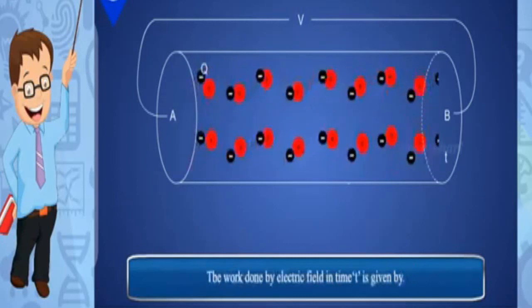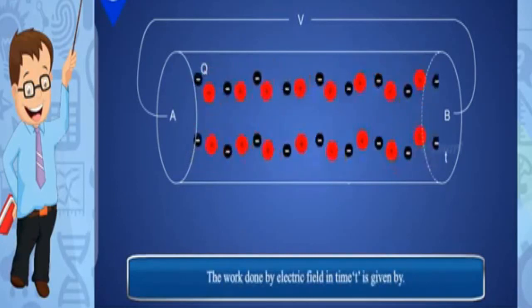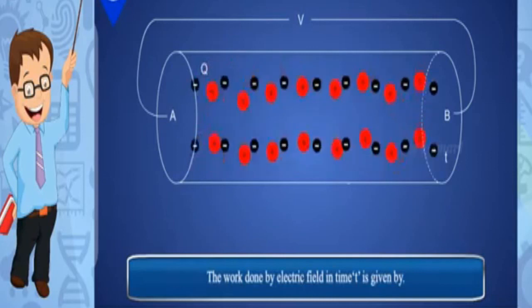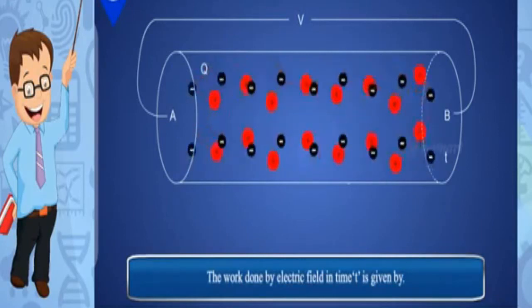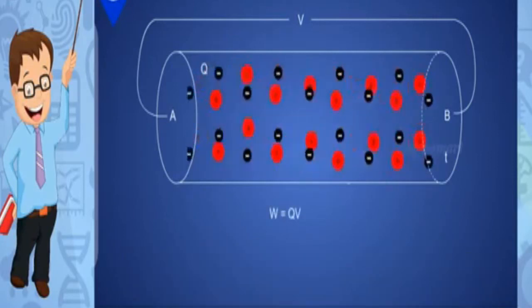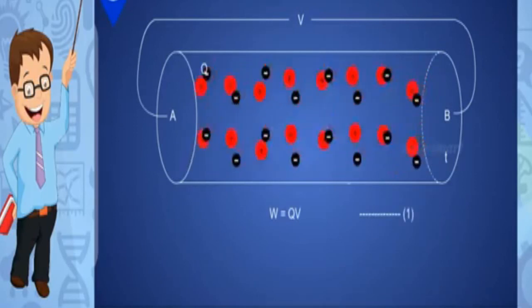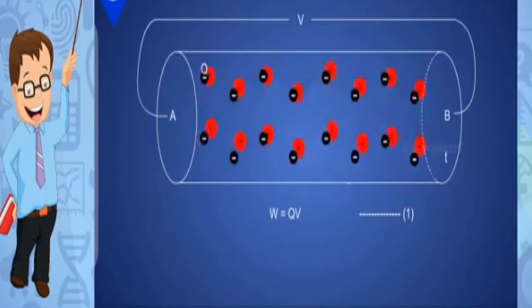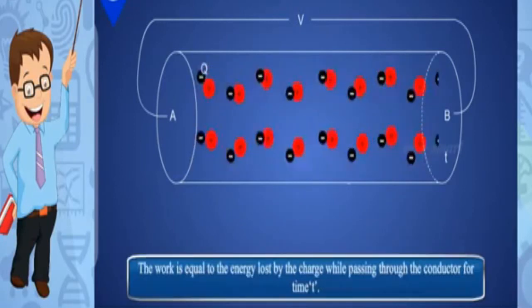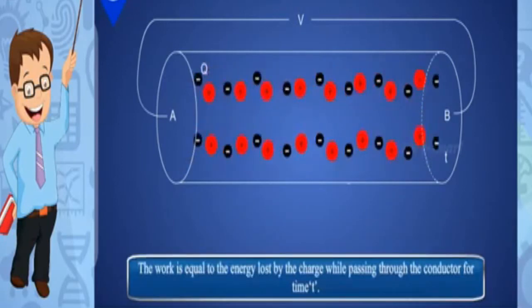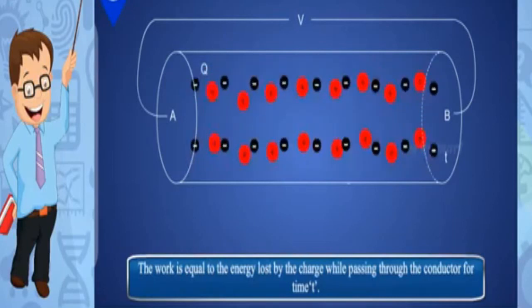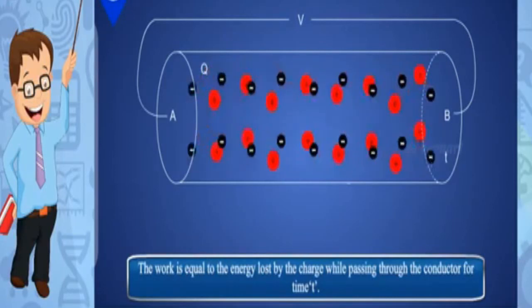The work done by the electric field in time t is given by W equals QV. Let us consider it as equation 1. The work is equal to the energy lost by the charge while passing through the conductor for time t.